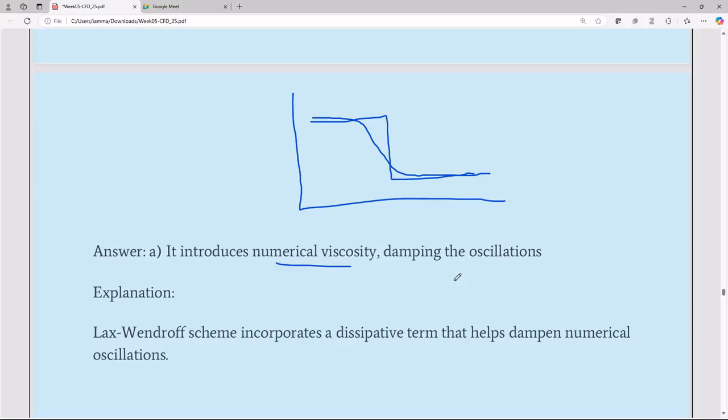It will help in damping the oscillations which will be present when using other schemes. We have discussed that the central differencing scheme will create high amplitude oscillations while solving. Such kind of issues can be overcome by using the property of numerical viscosity.